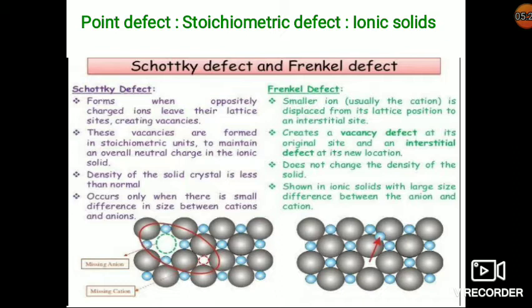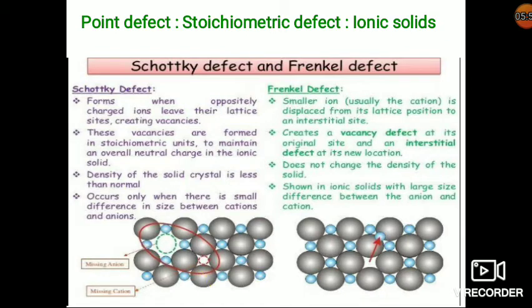Now in the Schottky defect, first check the figure. In this part, you can see cations and anions arranged, with some missing space. This is the vacant space of a missing anion, and here you can see the missing space of a cation.